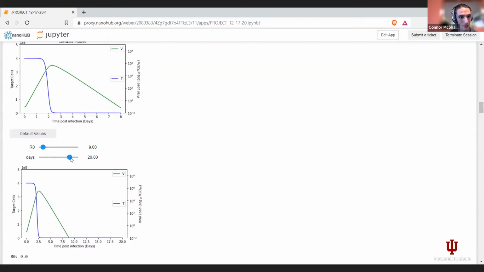I wish they had this for all the plots, but you can also change the number of days that it's simulated, so you can look at the resolution depending on how far you stretch things. Because you can see that if you have R naught set really low, you have to stretch out a little further to see the equilibrium behavior.